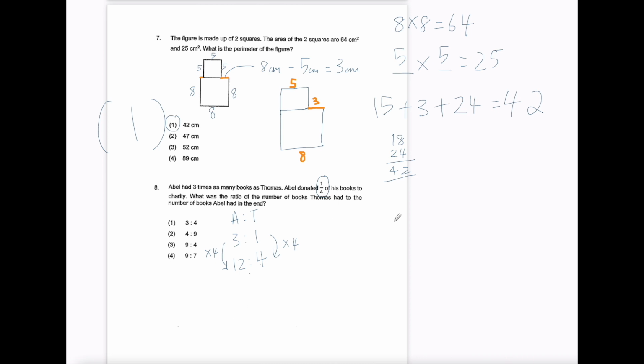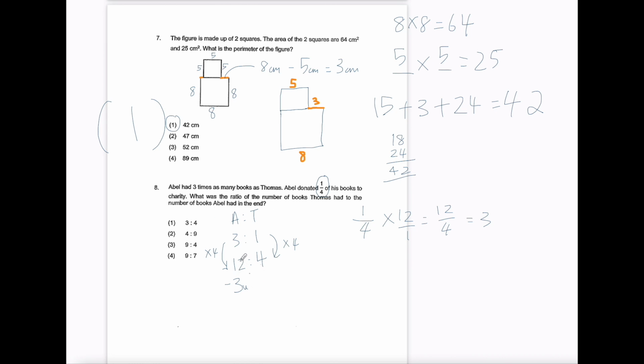If he were to donate 1/4 of his books, now his books is 12 units, so 12 over 4, which is 12 divided by 4, which is 3. That means he donated 3 units of his books. What's the ratio of the number of books Thomas had to the number of books Abel had in the end?